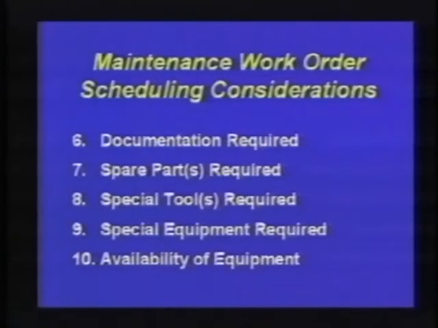Number 10 is a very serious question. If I'm going to take the work order from planned to scheduled and then released, is the material or the equipment or the asset going to be available?